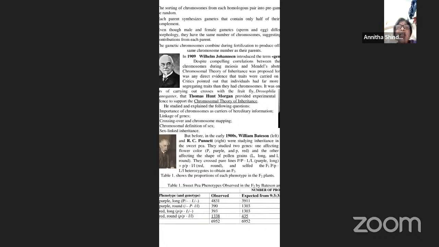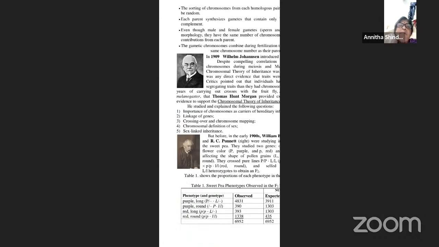Now this chromosomal theory of inheritance was supported by many evidences. That is why today, when we talk about the chromosomal theory of inheritance, most of the evidences are very true, and they have given the correct information regarding genes. They tried to explain the following questions.